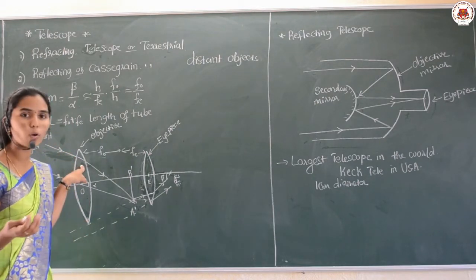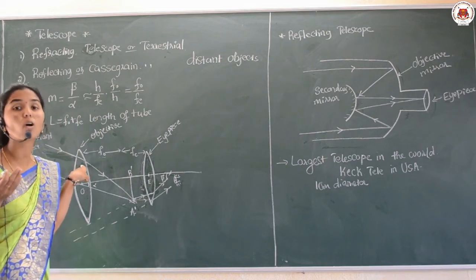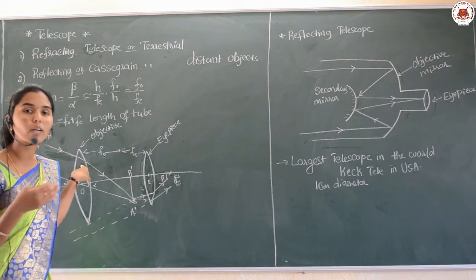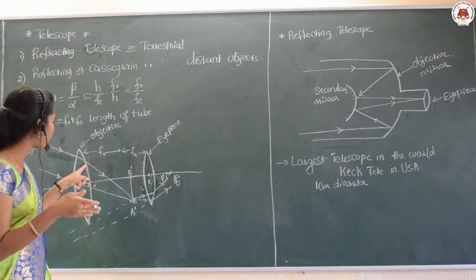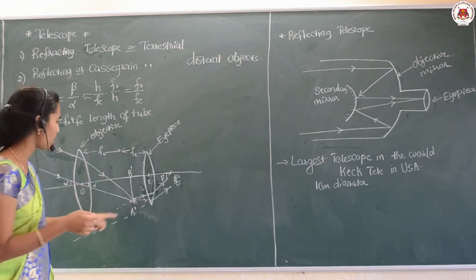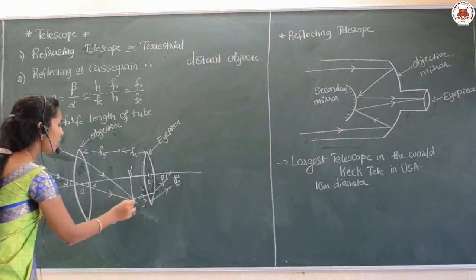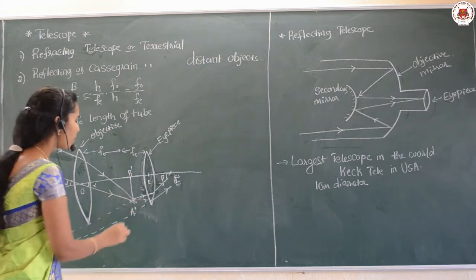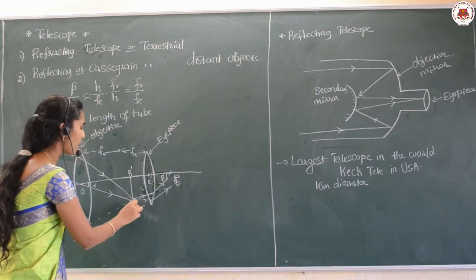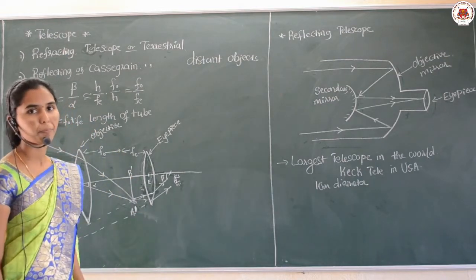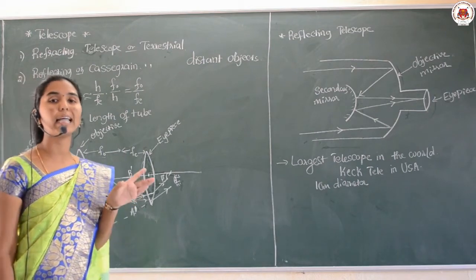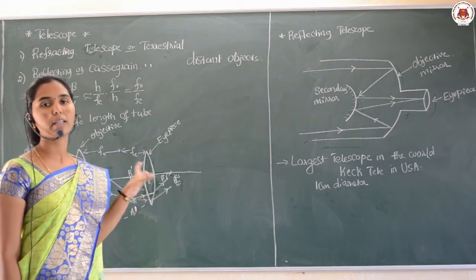And as you know, the objective lens is a convex lens. It converges the refracted rays at a point. The converged rays will meet at a point, where the real and inverted image A'B' will be formed. This is inside the length of the tube of the telescope.